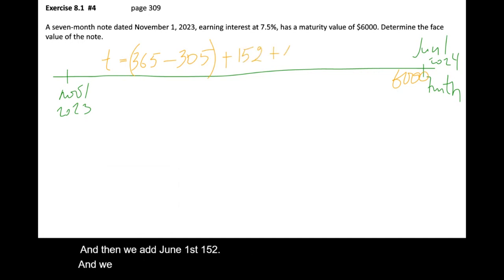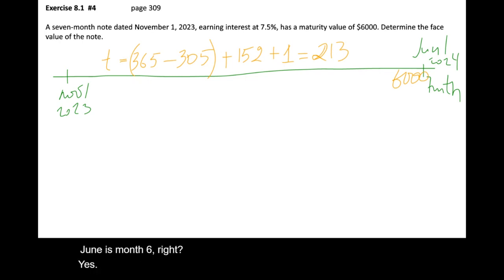And we add what? 1 day for February 29. So what is that? 152 plus 1, 213 days. Please confirm that value. Okay, let me double check. June is month 6, right? Yes.